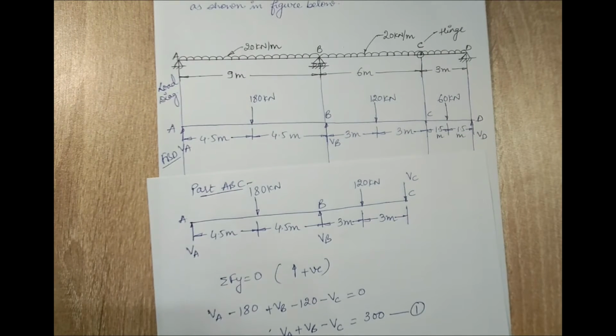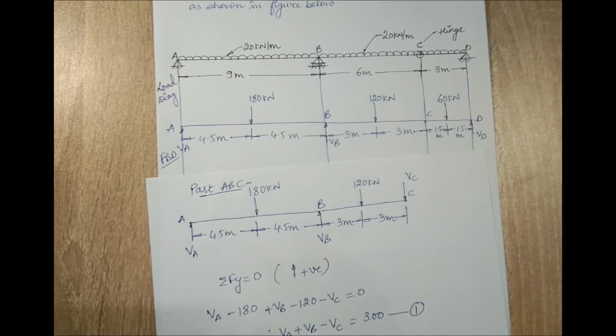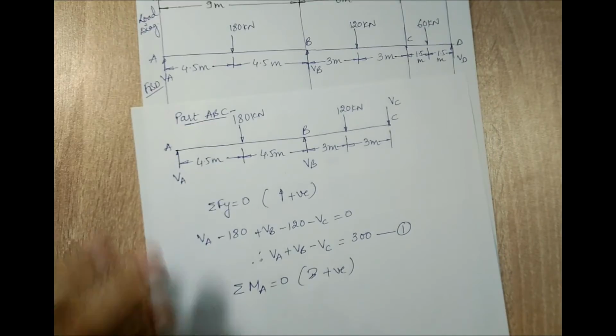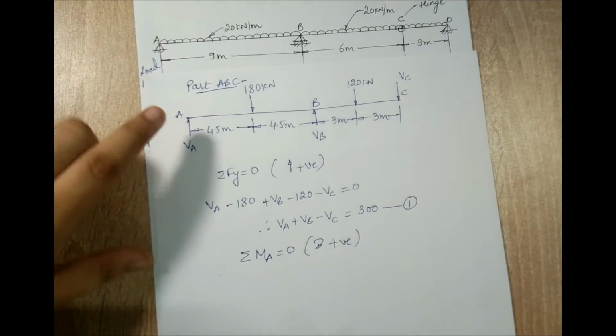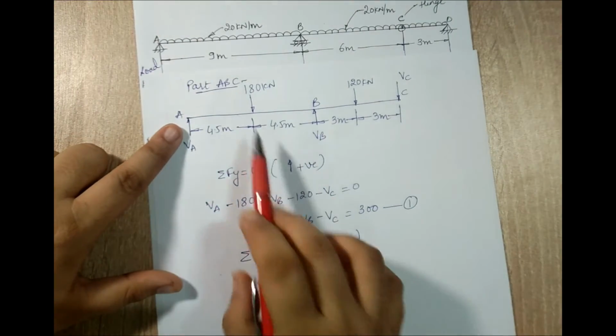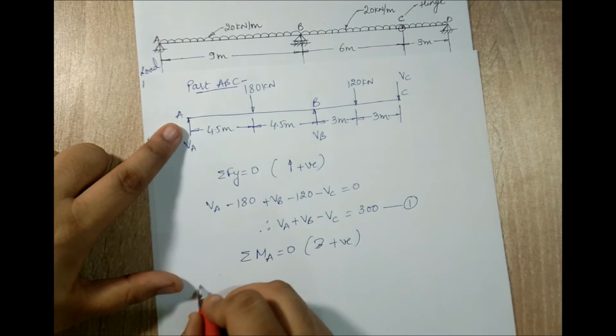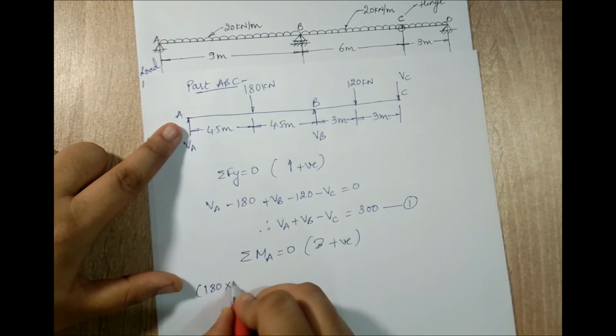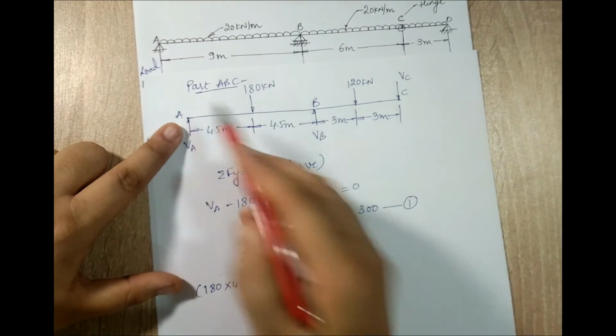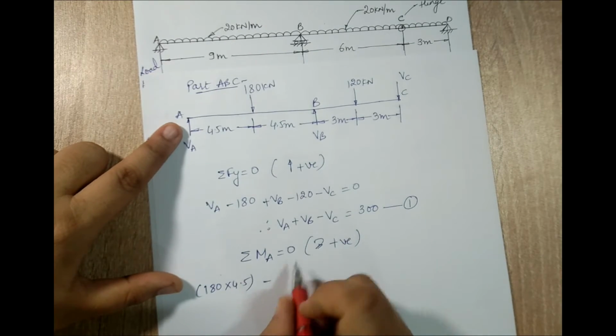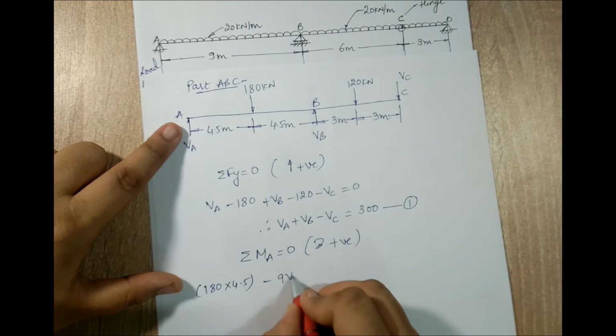Next, I'll use summation of moment, say about A is equal to 0. Clockwise moment will be positive. So here when I am turning all the forces, I'll have 180 turning clockwise. So I'll have 180 into 4.5. I have VB turning anti-clockwise, so minus this distance is 9 VB.